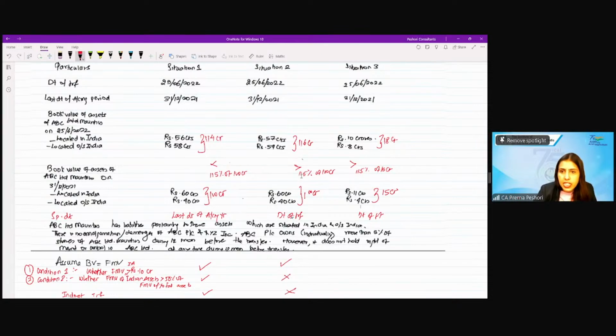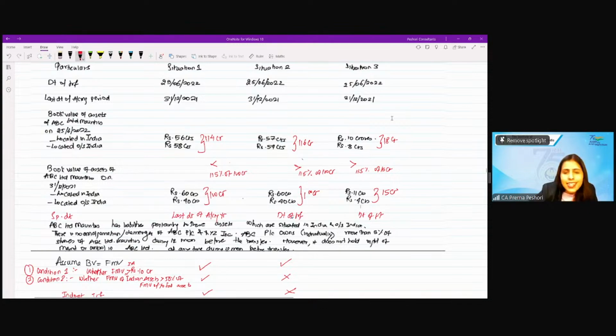In the third case, what is the condition? Whether we are exceeding 10 crores? It is exactly 10 crore. So what will happen? Ma'am, it will fail, exceeds is written. Correct.